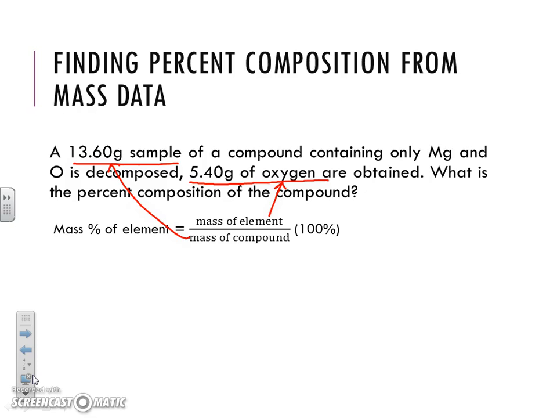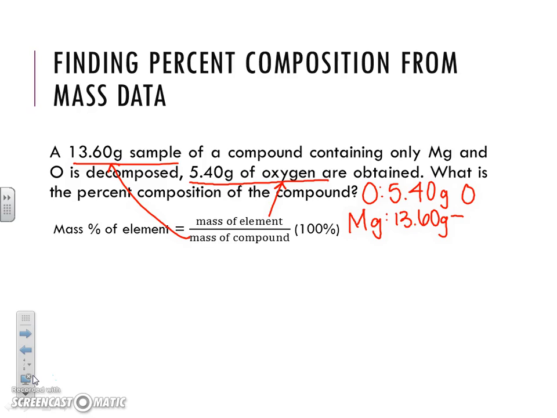The first thing that I'm going to calculate is, I know that the mass of the oxygen is 5.40 grams because they've told me, but I want to find the mass of the magnesium. The easiest way to do that is to say that if I had a 13.6 gram sample and it was only made up of oxygen and magnesium, everything that wasn't oxygen was magnesium.